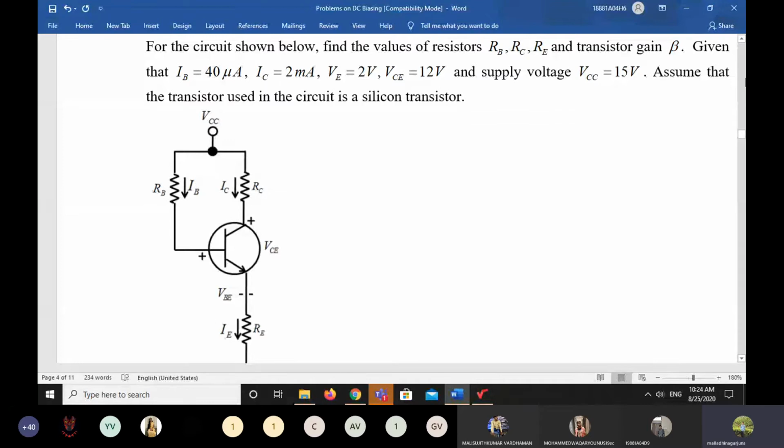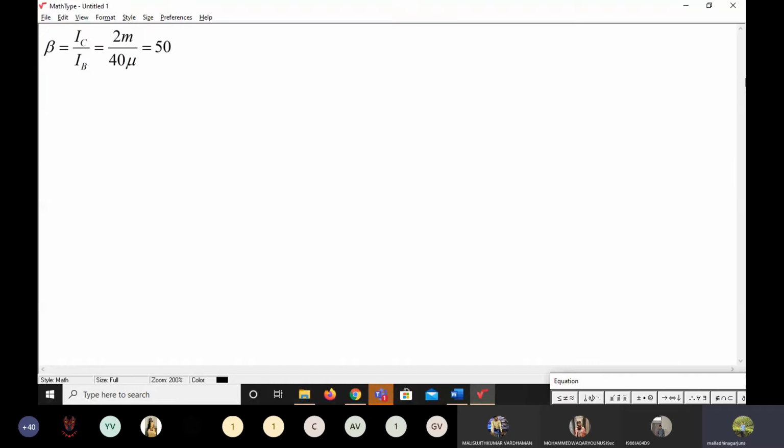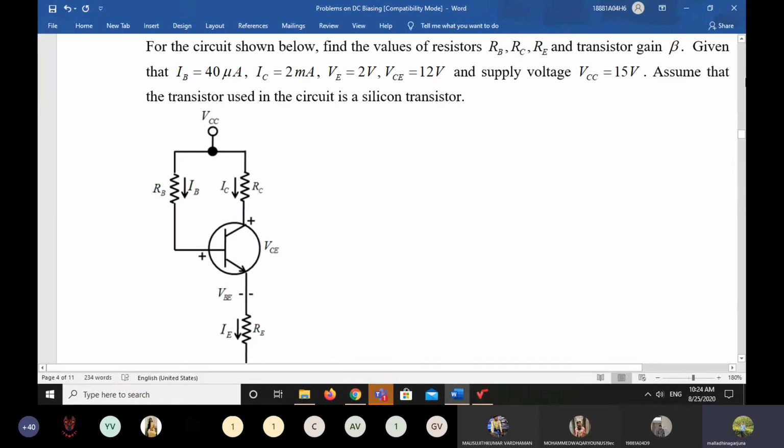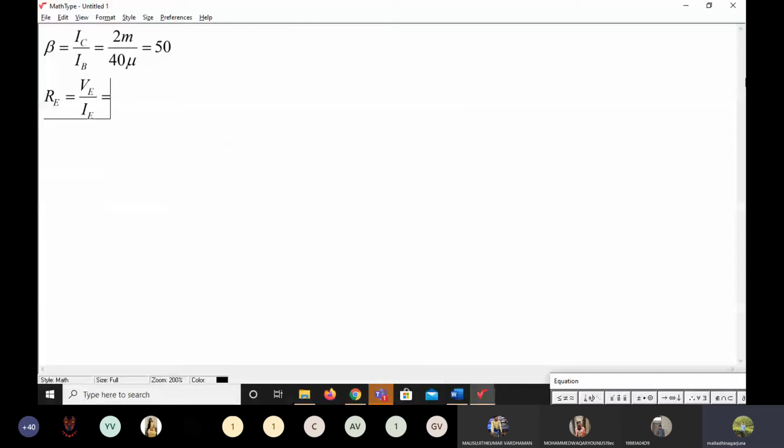How can we calculate RE here? Simply, RE is equal to V divided by I. So the emitter resistor RE is equal to the emitter voltage divided by the emitter current. The emitter voltage is given in the question, 2 volts.